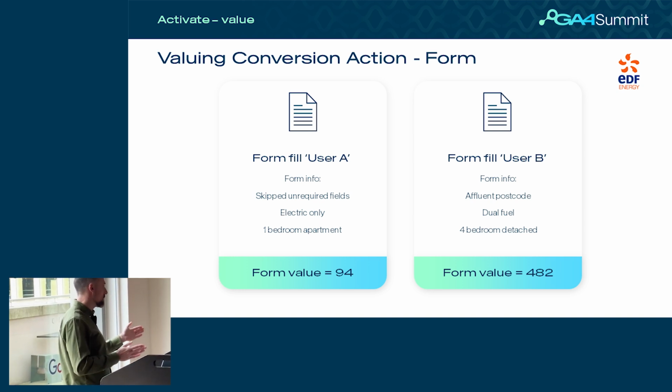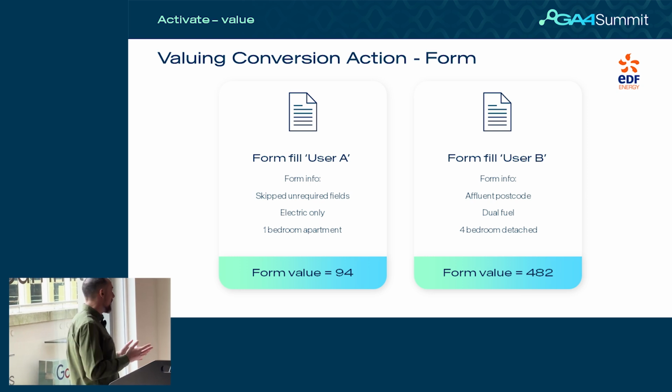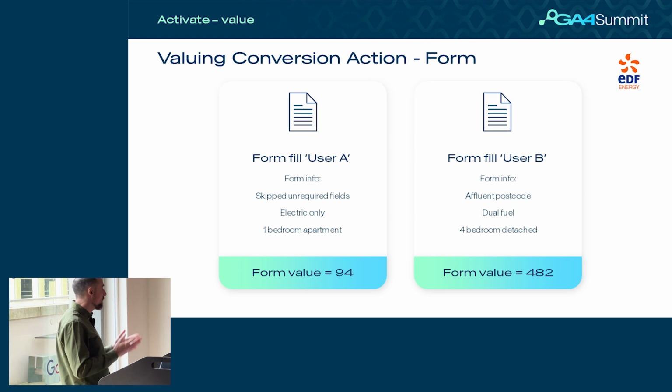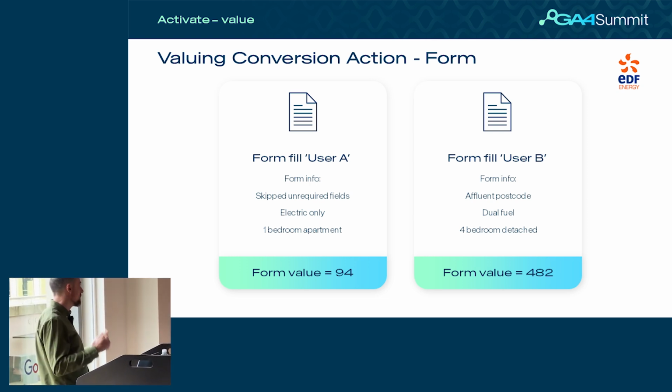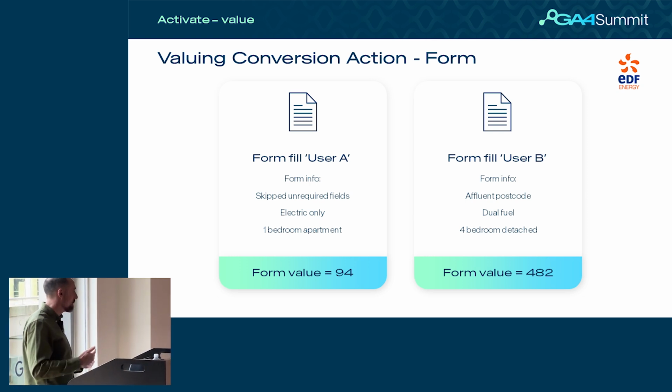On your website, you would fill in a form to inquire about using them as a supplier. Both of these form fills, user A and user B, out of the box, are worth exactly the same. There's nothing differentiated. They were both successful form fills, so the machine will optimize to them equally.